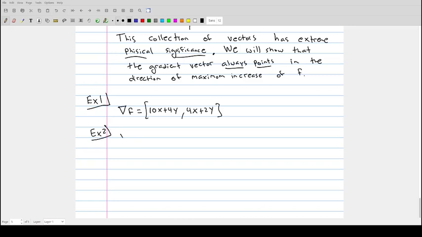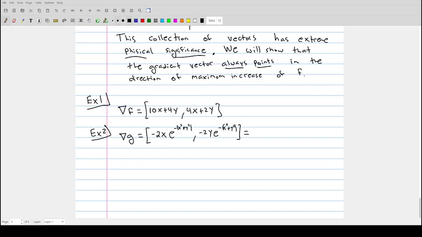For example 2, I think we use g. The gradient of g will be the function negative 2x e to the negative x squared plus y squared, and negative 2y e to the negative x squared plus y squared, which we can simplify using some of our vector algebra from a previous calculus course.